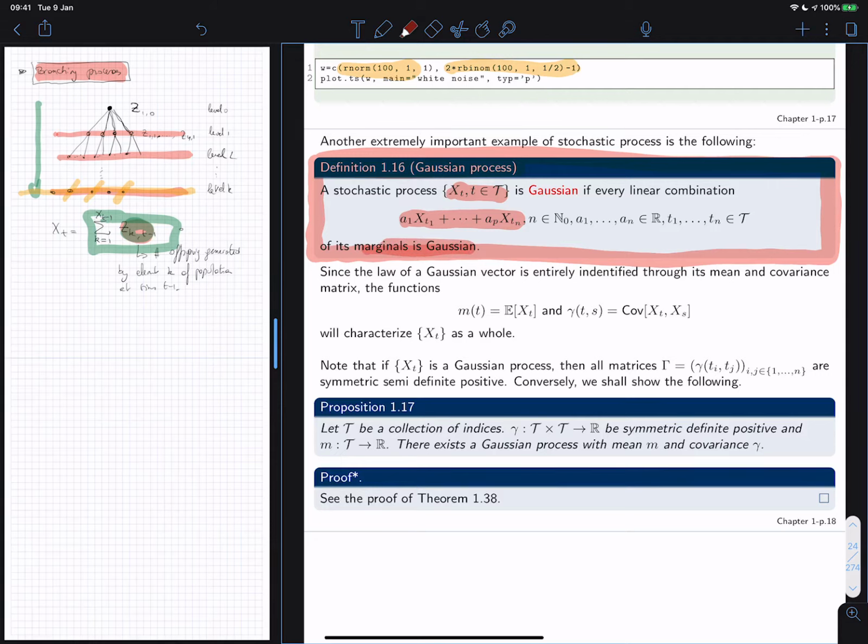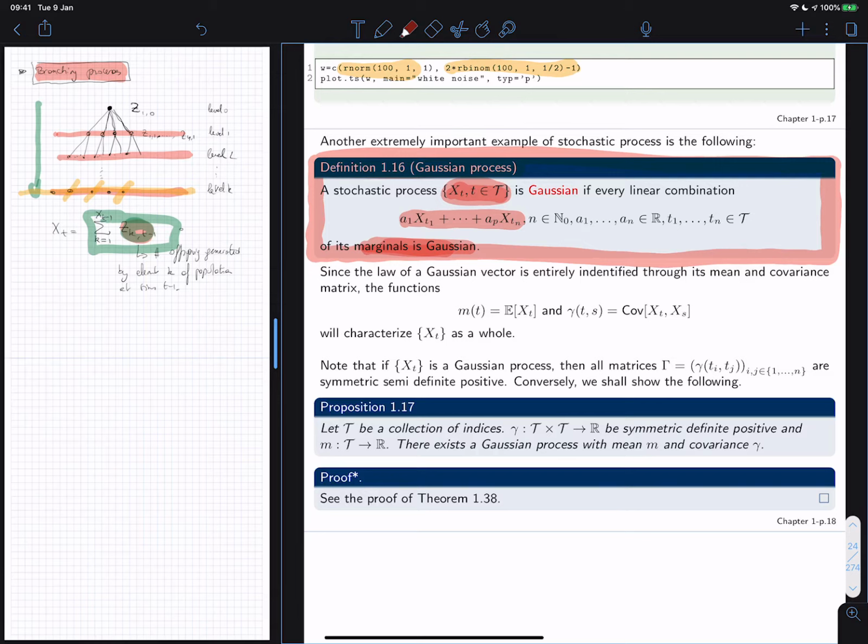So the Xt's are Gaussian, but also the linear combinations of Xt and Xs are Gaussian, and also a linear combination of Xt, Xs, and Xk, and so on. Any linear combination of any collection of variables extracted from the process has to be itself Gaussian. So it's much, much stronger than requiring only Gaussianity of the marginals.